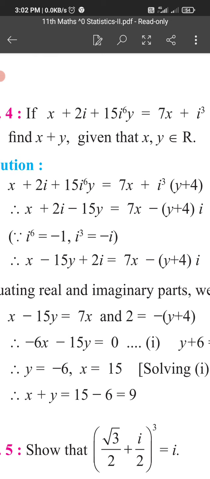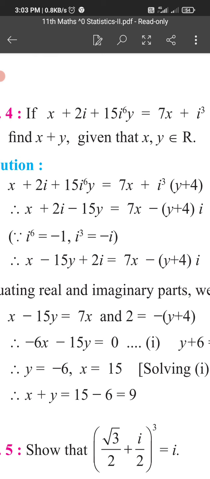So x + 2i − 15y, because i⁶ = −1, so −15y = 7x minus, because i³ = −i, so −(y + 4) into i, whereas i⁶ = −1 and i³ = −i. So x − 15y + 2i = 7x − (y + 4)i.